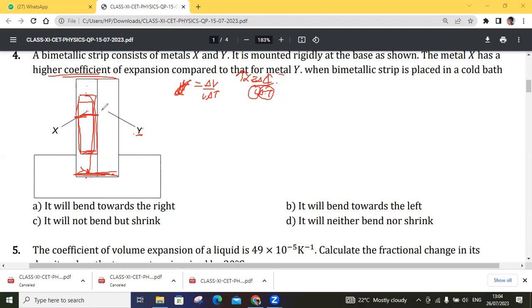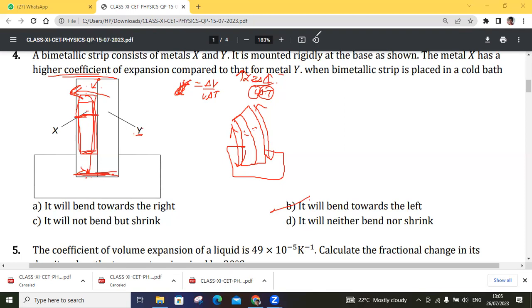While compressing, it will pull this also. So the system will bend towards left. Understood? It will become like this. Here its length is more compared to its length. It means it has compressed less, and it has compressed more.